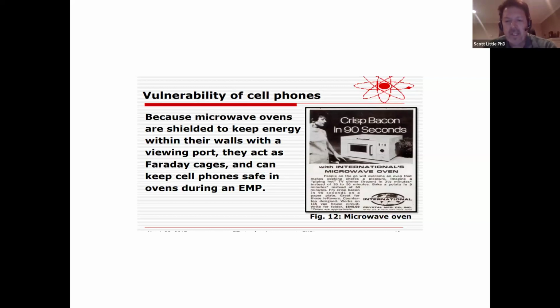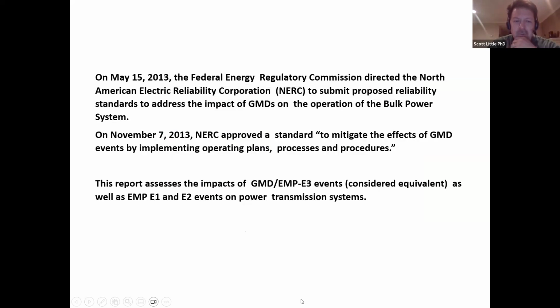Just with the caveat that you don't turn the oven on while they're in there, because then you might have another issue. So make sure not to cook your bacon while you have your phone in your microwave, because that would obviously have the opposite effect. But it just shows that they had different ideas on how to protect our devices from EMPs, and that was one possibility there, using the microwave.